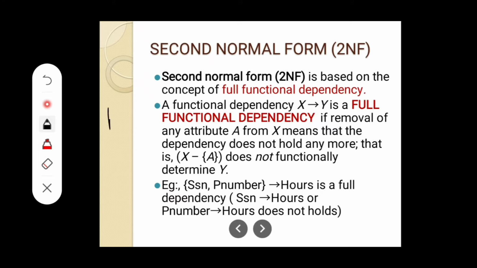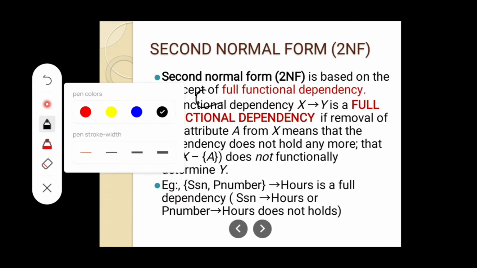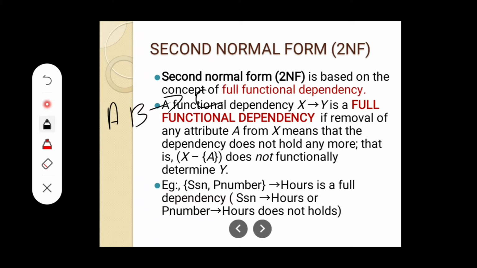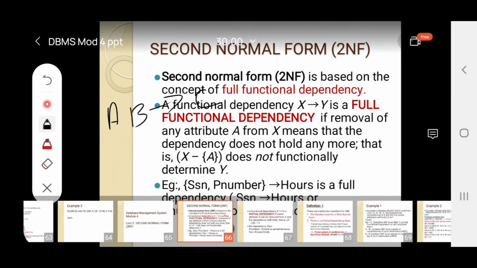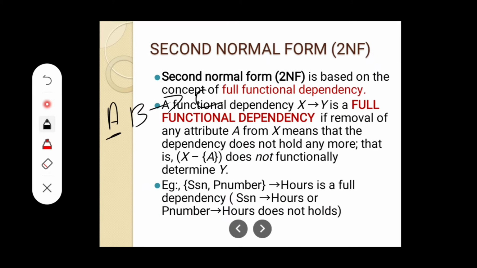For example, let us see two attributes A, B determine C. Suppose I am removing A. After removing A, what will be the remaining functional dependency? B determines C. If I am removing B, what will be the functional dependency?